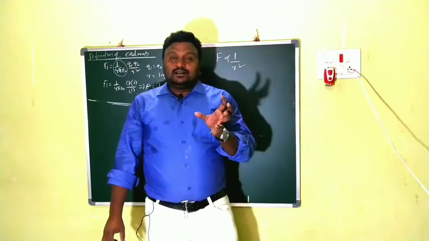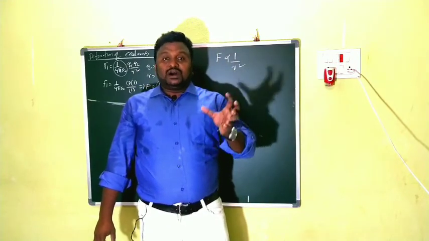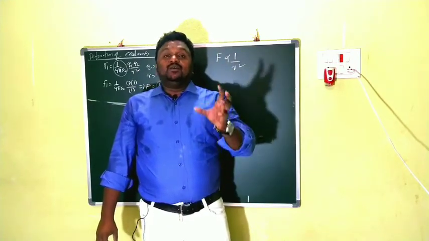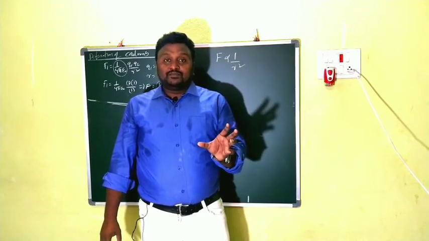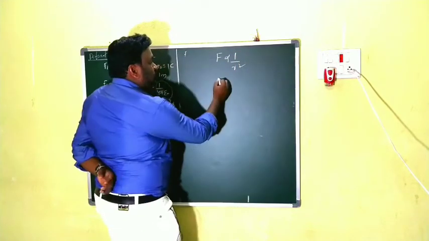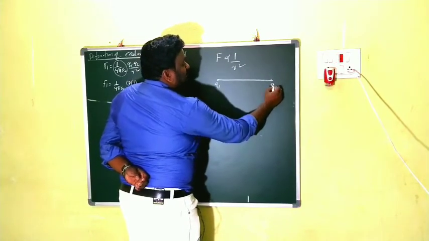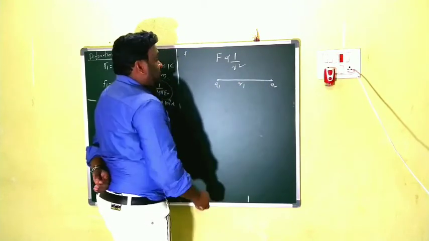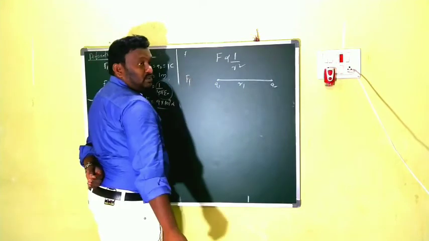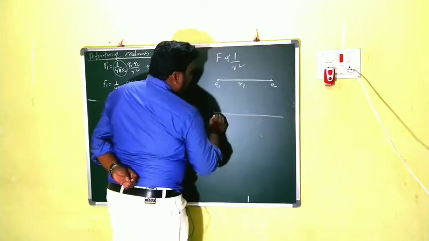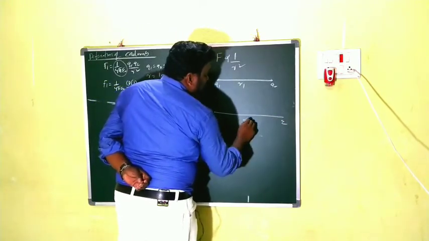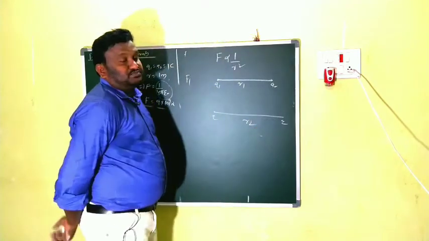So here the problem will be like this: Q1, Q2 are two charges separated by some distance R1. Then the force is F1. Now the same charges are separated by some other distance R2.